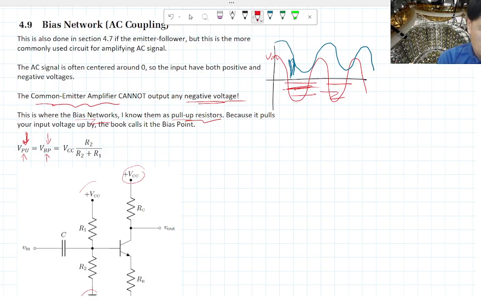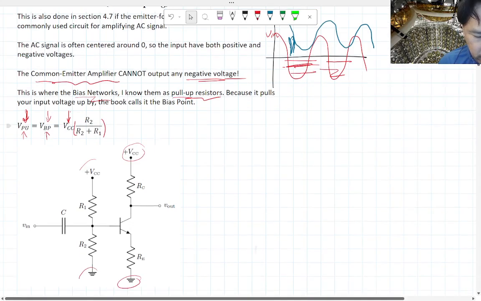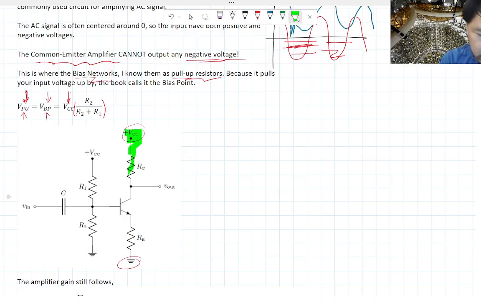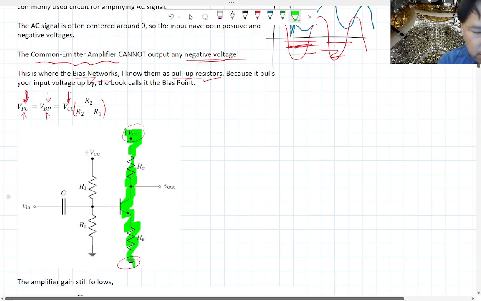And this bias point is going to be pulled up by this VCC voltage times a voltage divider factor of R2 over R1 plus R2. And you can really just see this here pretty quickly. Okay, so I'm going to start highlighting. So this is the normal common emitter amplifier part.